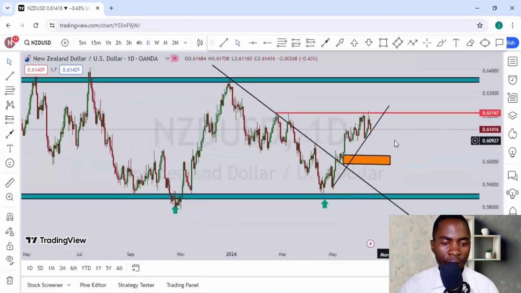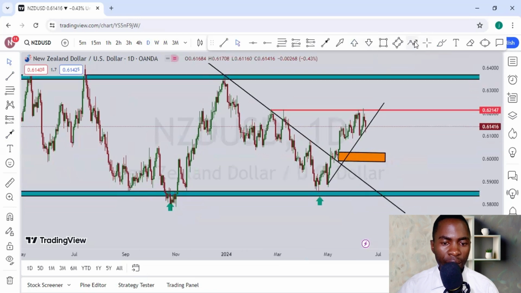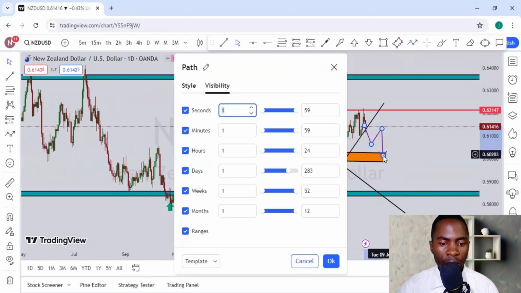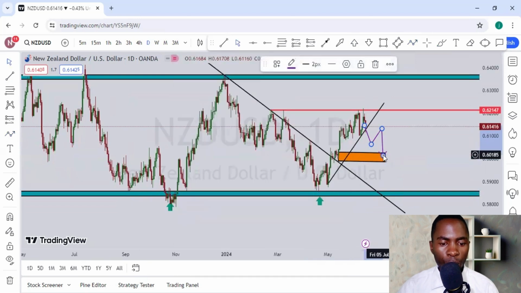We wait for the market to break this level, retest, then sell. Then when I'm around here on my yellow box, first I will take my first TP around this level. And then I will break even the rest of the 50% trade and wait for the reaction around this place.